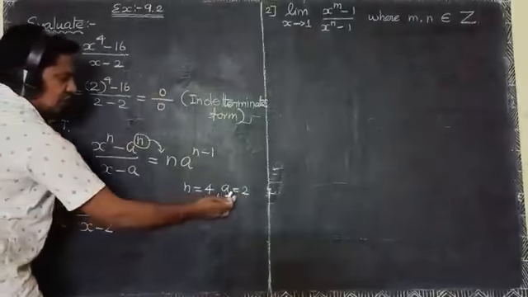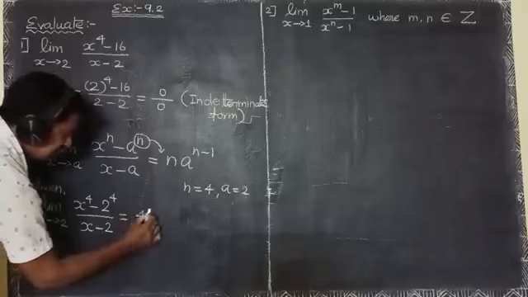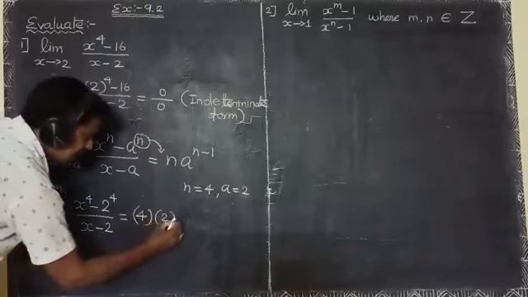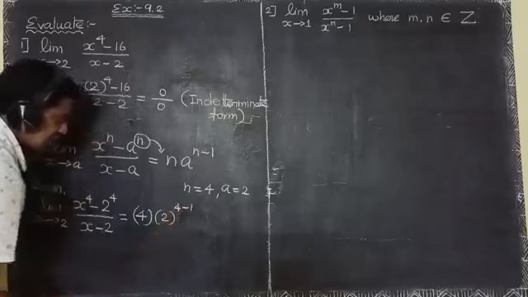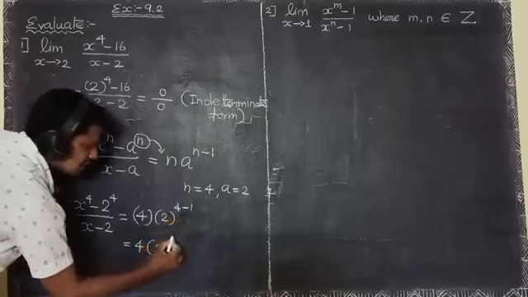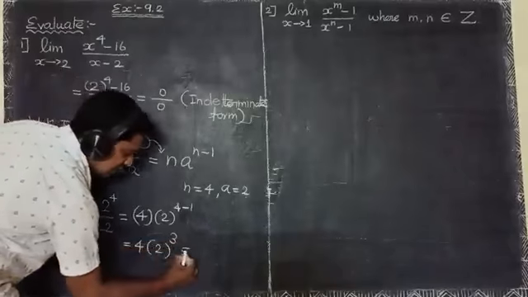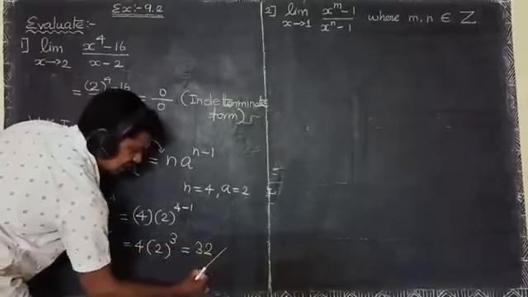Substituting n equal to 4, a equal to 2, that is n into a power n minus 1, 4 into 2 power 4 minus 1. 4 minus 1 is 3, 2 power 3 is 8, 8 fours are 32.